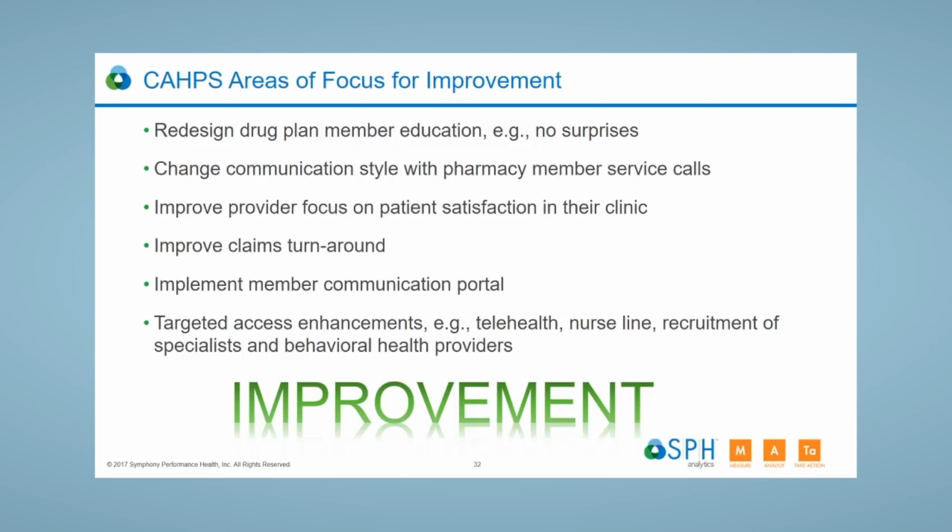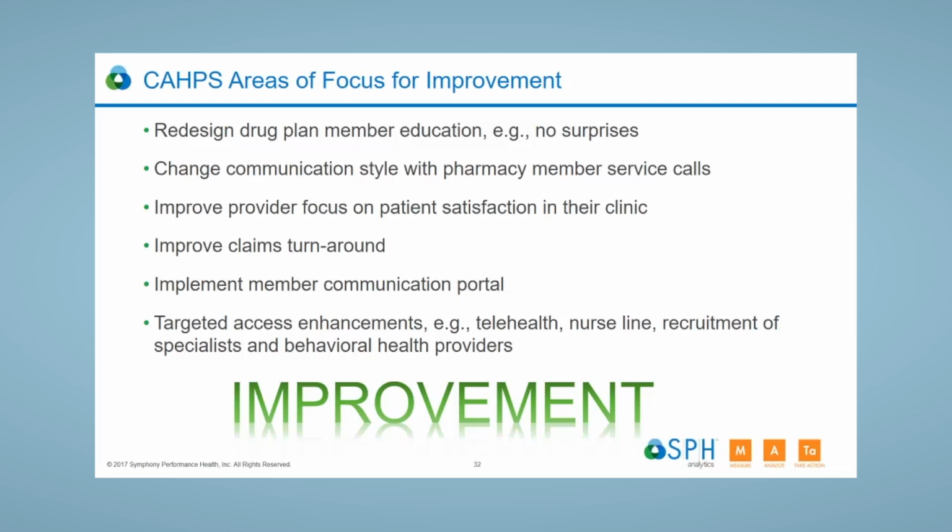We're implementing a member communication portal, which allows members to go in and specify how they want to be communicated with, in terms of they don't want to receive mailings. They'd rather receive emails or phone calls or vice versa. We're trying to be more customer-friendly and communicate with them. Some members get very upset with the amount of mailing that comes into their mailbox. If that's the case, then we need to stop sending them mailings. We need to focus on communicating with them via email.